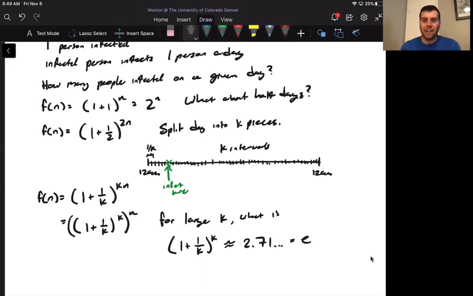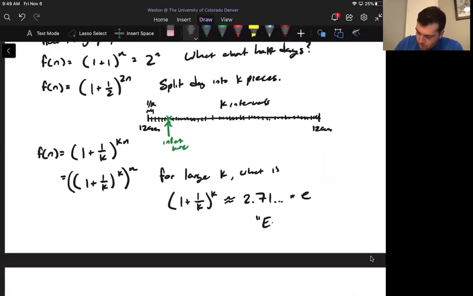e actually doesn't get its name from exponential. It's pronounced Euler's number, after Euler, a German, I want to say, mathematician, around the same time as, I think we've talked about, Gauss and Sophie Germain. So he's around that era, and he was investigating growth models like we're doing now.